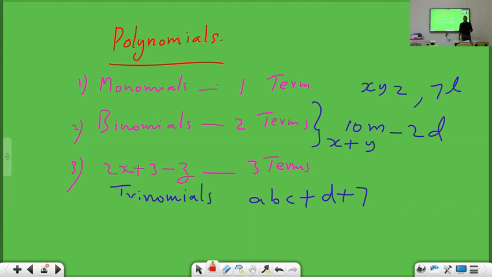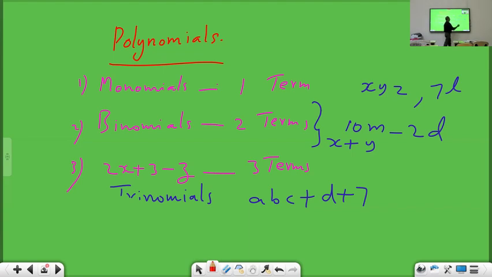Trinomial is a polynomial. Binomial is a polynomial. Quadrinomial is a polynomial. 10 terms polynomial. These all are called polynomials. So what is polynomial? Special kinds of algebraic expression are called polynomial. In class 9 it is the special kinds of algebraic expression. Here only some are there.